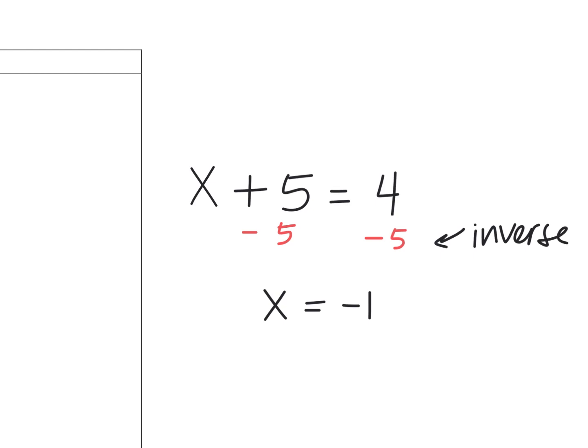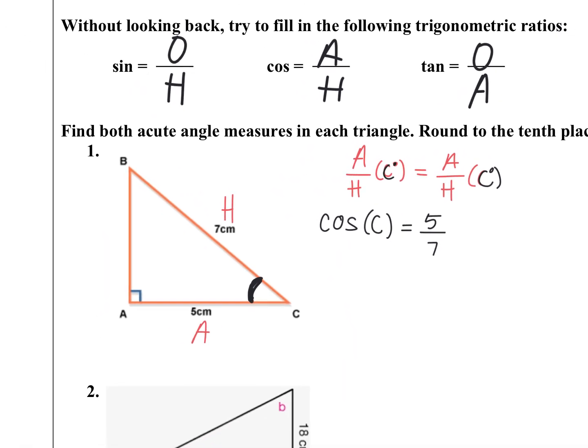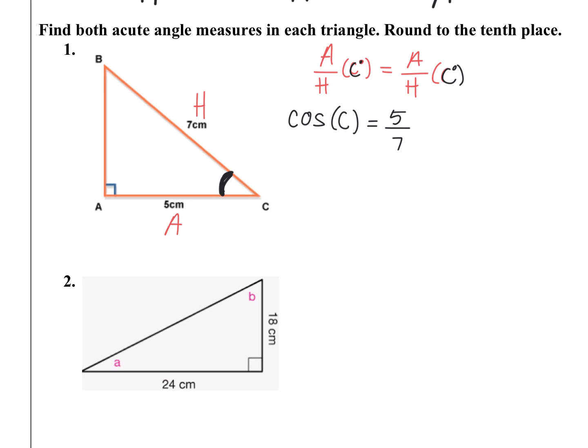Subtraction. What's the inverse of multiplication? Division. Lots of inverses. The inverse of squaring something is square rooting something. So to solve, you do the inverse. So if you were looking at this, we actually do have an inverse for trig functions.